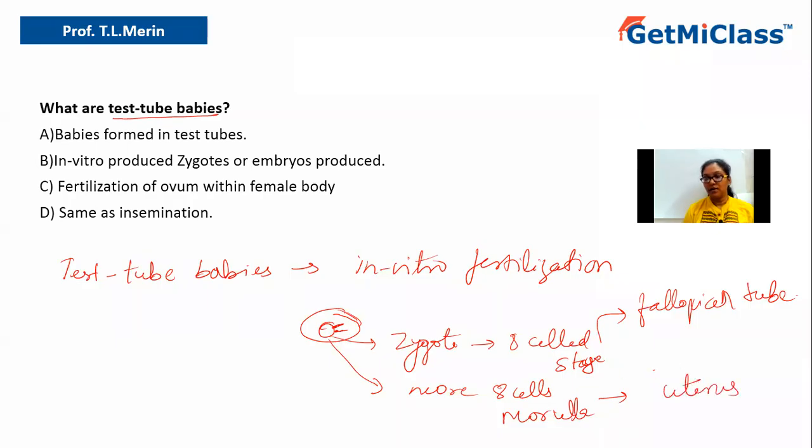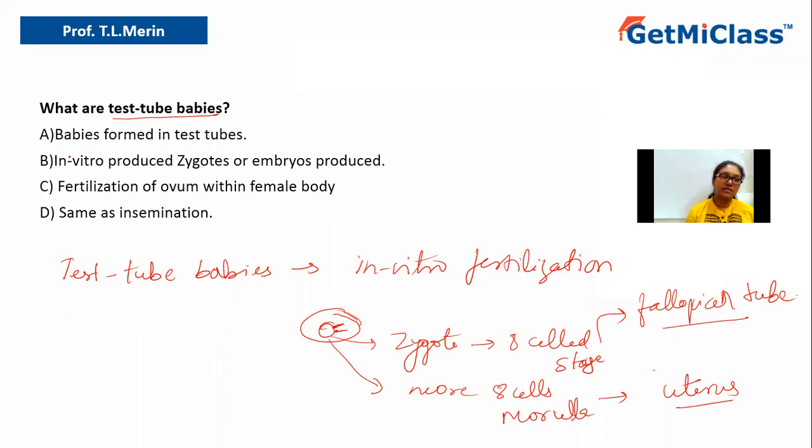So depending upon the state of the embryo, if it is 8-cell stage or lower, then it will be transplanted in the fallopian tube of the female, or if it is more than 8-cell stage, it will be transplanted in the uterus of the female. Such babies where the fertilization has occurred outside the body in the in vitro condition are called test tube babies.